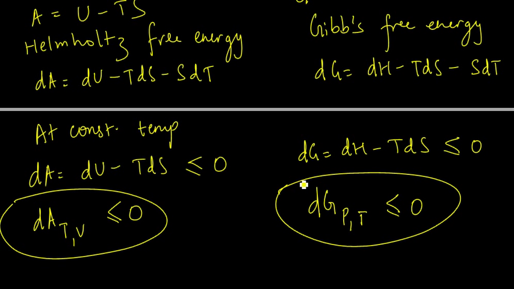These are more useful equations when it comes to designing reactors or doing reactions in the lab at constant volume or constant pressure. Now there are lots of reactors which are closed, more like the pressure cooker. That's a constant volume process.